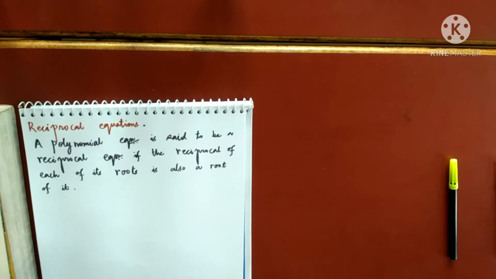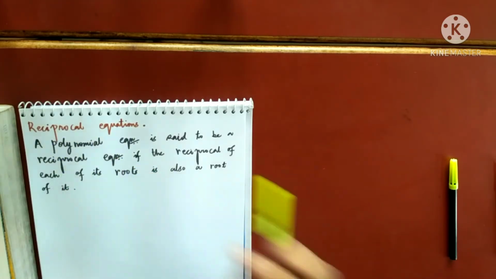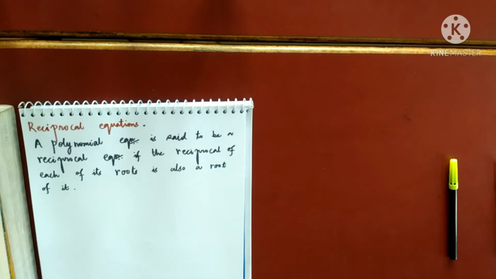That means for any alpha which is a root of the equation, 1 by alpha must also be a root of that equation. So for any root, its reciprocal is also a root in simple words, and hence the name reciprocal equation. So definitely a necessary condition to be a reciprocal equation is that no root of the equation should be 0.